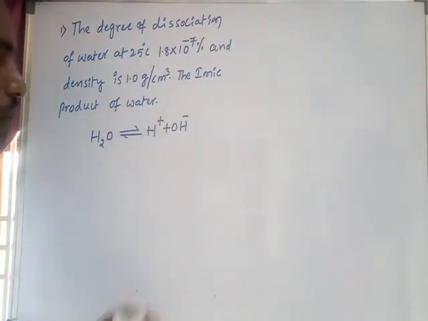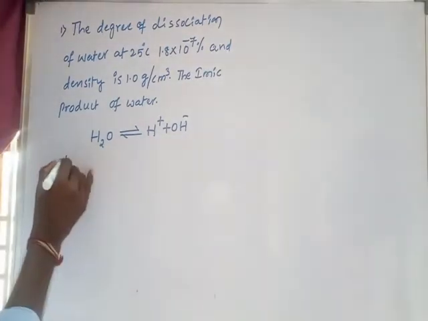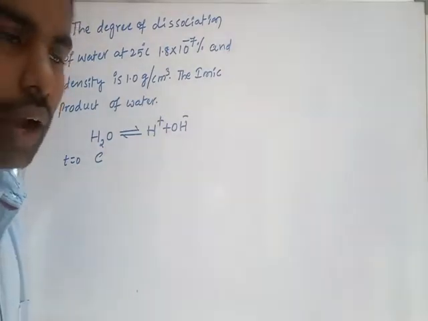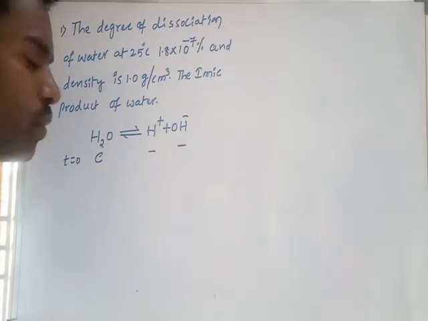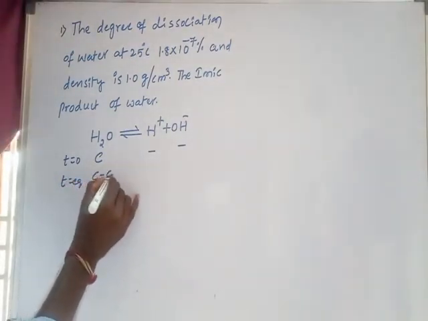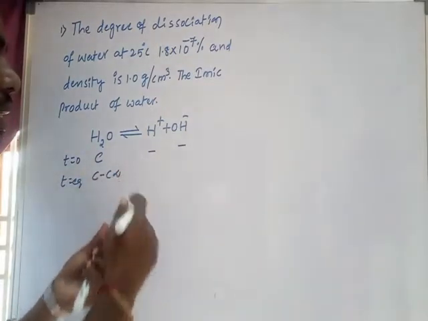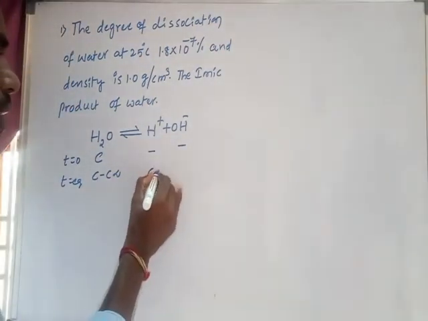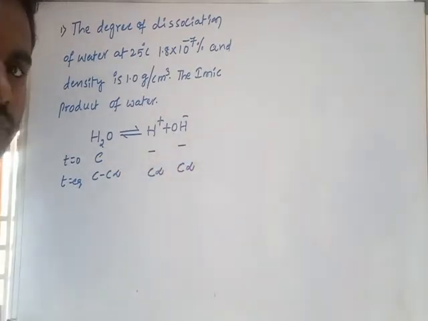At time equal to 0, the concentration of water I have taken as C, and the concentration of H plus and OH minus ion is 0. Then at equilibrium, the concentration of water is C minus C alpha, meaning C alpha concentration is converted into product. The concentration of H plus is C alpha, and the concentration of OH minus ion is C alpha.